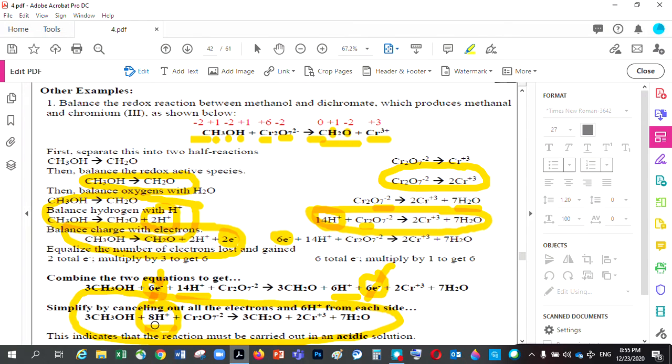OH minus. 8 protons with 8 hydroxide ions will make 8 H2O here.